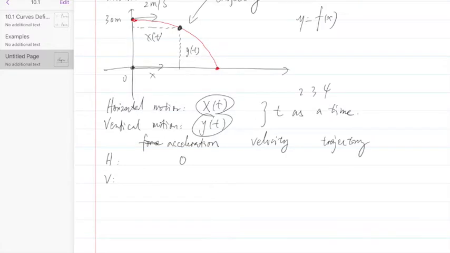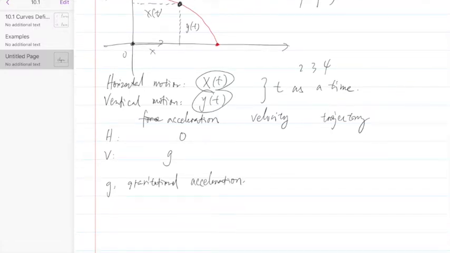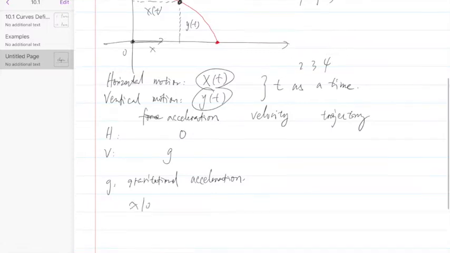There's no acceleration because there's no force, so 0 acceleration. Vertically, what do you have? Vertically, you have a constant acceleration, which is g, where g is the gravitational acceleration. That's why if you release something, hold it in the air and release, it will fall. And this g is roughly 10. It's 9.8 something. Let's just take it to be 10.